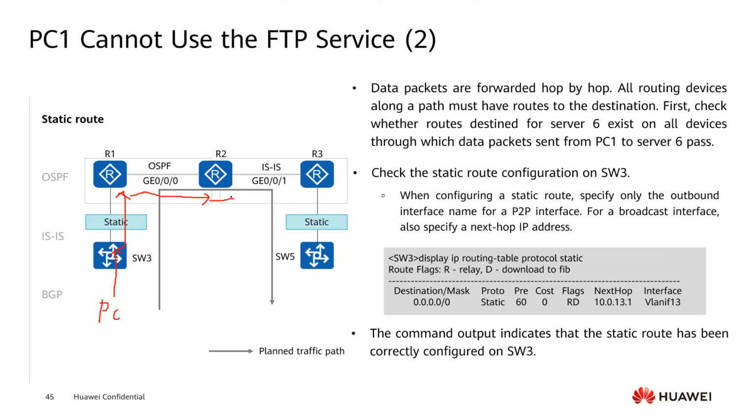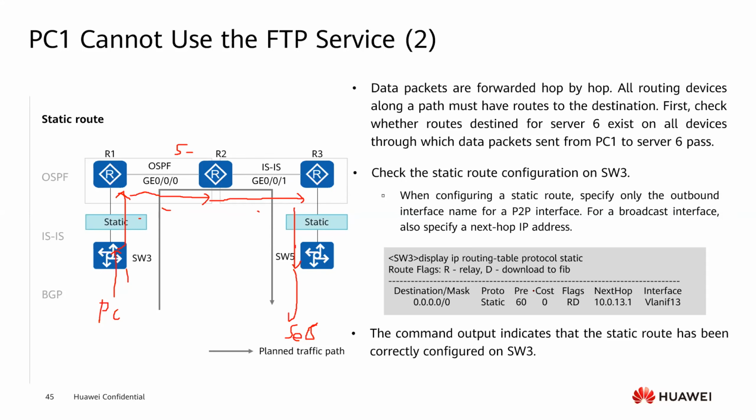R2 searches the routing table, R3 searches the routing table, and SW5 searches the routing table, and then sends to server 6. So we deal with the fault segment by segment: 1, 2, 3, 4, 5, 6.